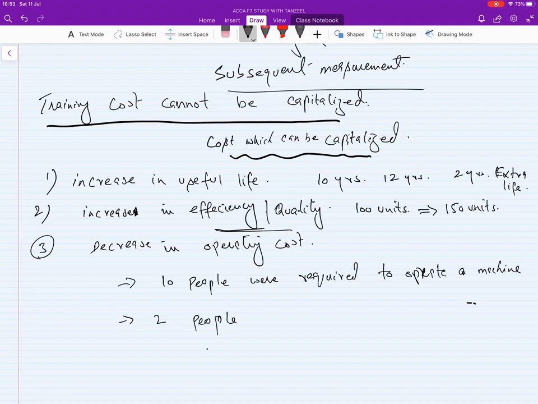Instead of 10 people, now only 2 people are required to operate the machine. It means you have saved 8 people's salary. The decrease in operating cost is an economic benefit, so this expense you can capitalize.